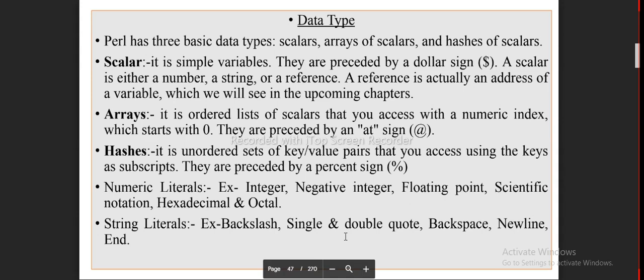Arrays are ordered lists of scalars that you access with a numeric index, which starts with 0. They are preceded by an @ sign. Hashes are unordered sets of key-value pairs that you access using the keys as subscripts. They are preceded by a % sign.